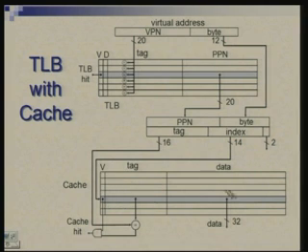In this particular location, we match the tag with the tag in the address, and if there is a match and the valid bit is set, then there is a cache hit. So, you can have a hit or a miss at this level, then a hit or miss at the other level.